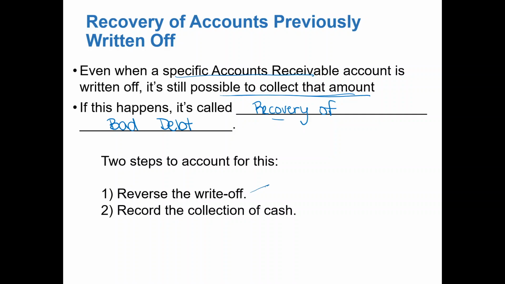The first journal entry is to reverse the write-off. So you just record a journal entry the opposite of what you did when you wrote it off. And then the second step is just to record the collection of cash on account. No different than we've seen previously when we collected money on account.